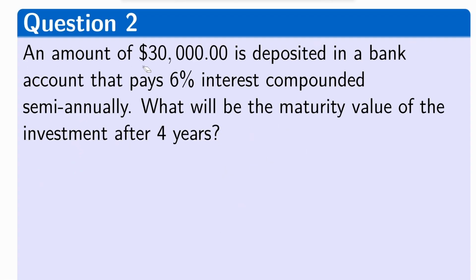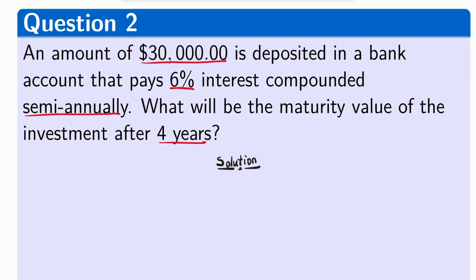Question 2. An amount of 30,000 US dollars is deposited in a bank account that pays 6% interest compounded semi-annually. What will be the maturity value of the investment after 4 years? Solution. The first step is to identify the key parameters in the question. Here we have an amount of 30,000 US dollars, and the interest is 6% compounded semi-annually, and the time is 4 years, right?